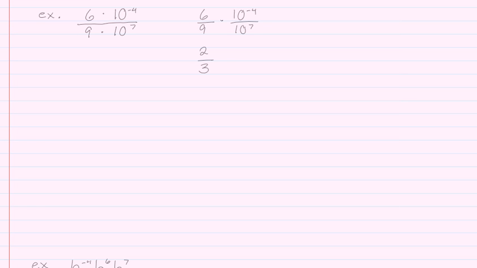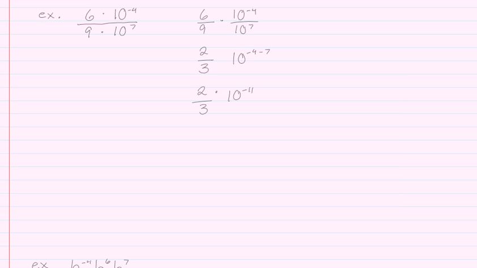So I have 2/3 times, this is the quotient of powers. Alright, so I subtract. When I multiply, I add. And when I divide, I subtract exponents. So this is 2 times 10 to the negative 11th.